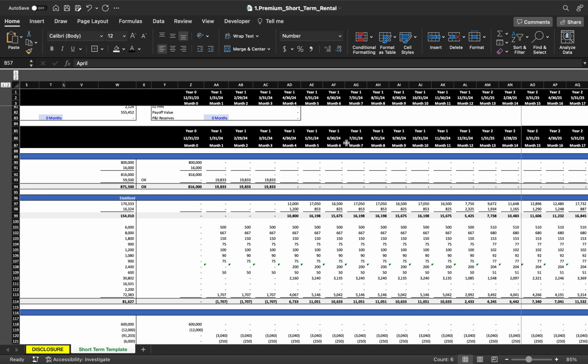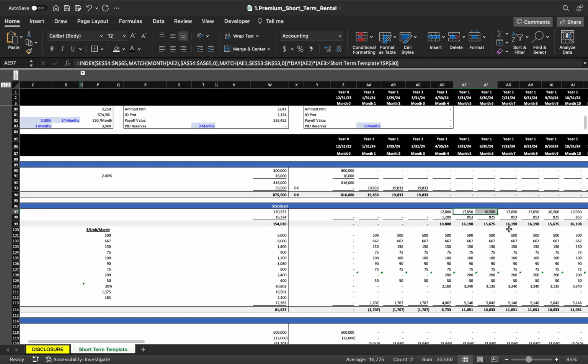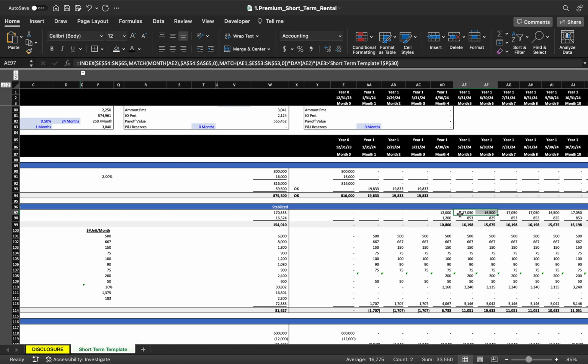So we go to April, May, and June. You'll notice that May and June are showing different amounts of potential gross rent. And that is because there are different days in each of those months. So, right, May has 31 days and June has 30 days, which is why there's a larger figure in May's potential gross rent than there is in June's.